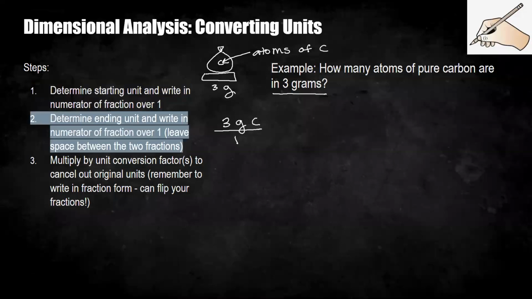Following the second step, it says to determine the ending unit and write in the numerator of a fraction over 1, leaving space between the 2 fractions. So basically what I'm doing here is creating some bookends.